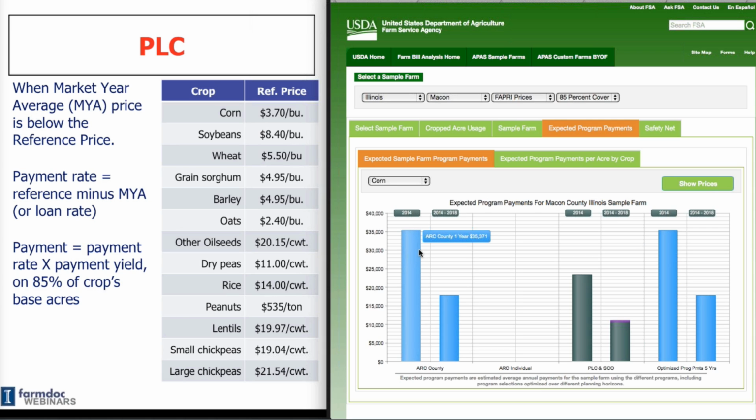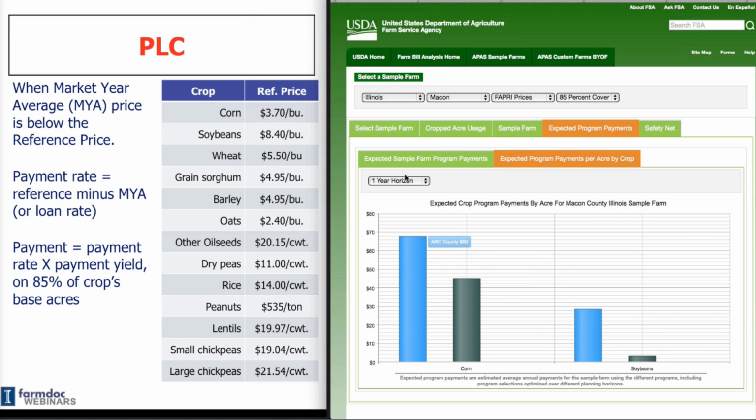So this bar you'll know with almost certainty. Actually, we'll still have a little bit of a variation expected on what market year average price is, but we'll see what those look like.